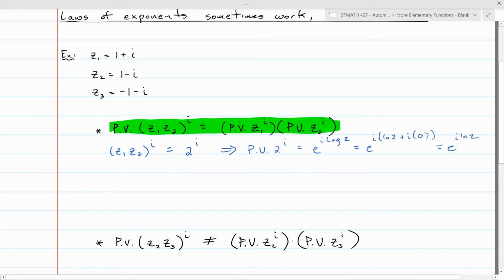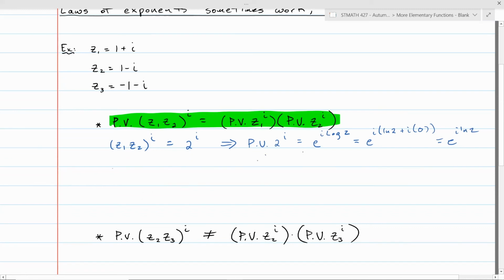And then on the right-hand side, okay, next we'll do Z1 to the i. So that's 1 plus i raised to the i. And then we need to do the principal value of that. So principal value of that is e to the i, and then you do the principal logarithm of 1 plus i, which is e to the i. And then you take natural log of the modulus of that number, so that's natural log of square root of 2. And then the angle is pi over 4, so you get i times pi over 4.